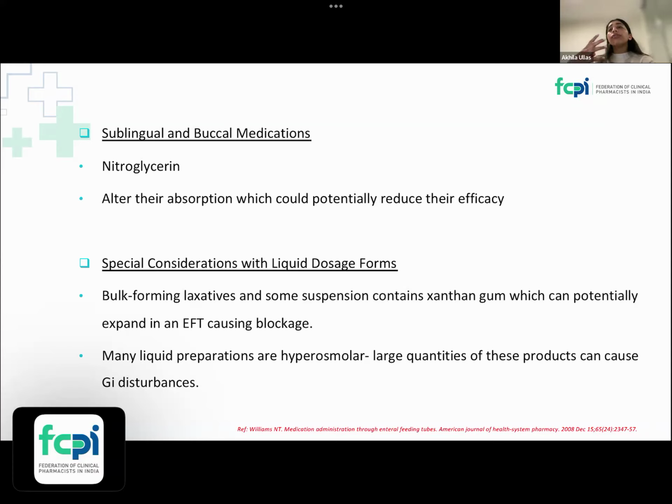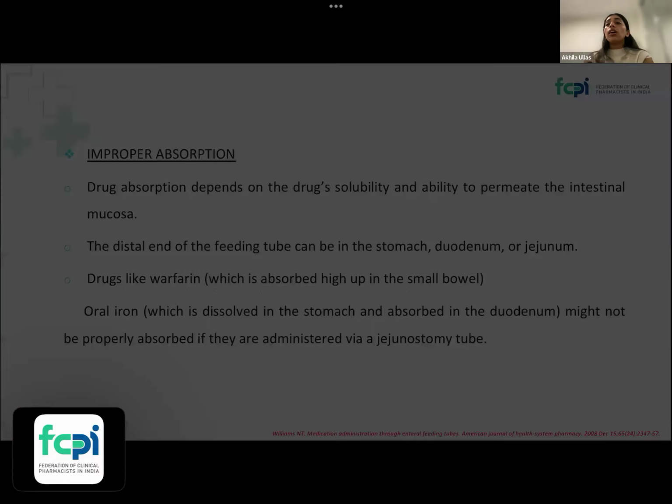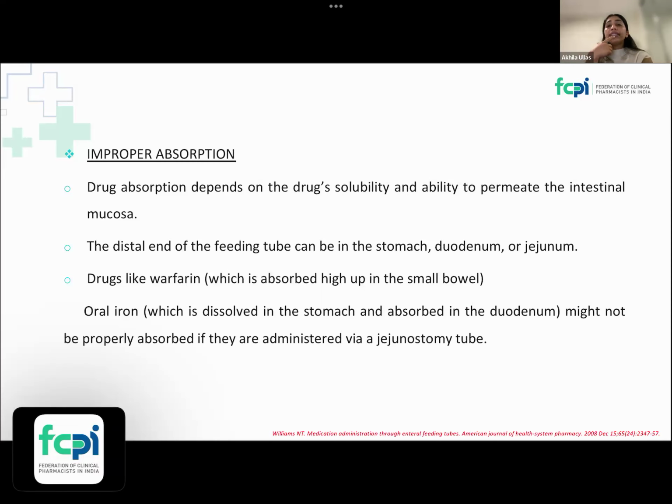Make sure that any oral formulation containing excipients or additives which may lead to GI disturbance, block your tubes, or reduce absorption is checked. You have to go through all the components in the formulation, not only the main content but also the additives or excipients.